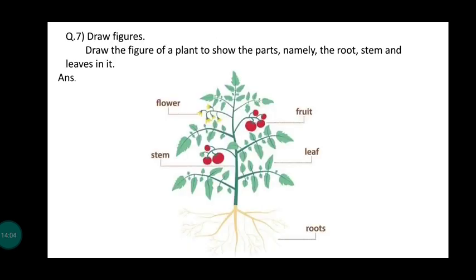And the last question, draw figures. Draw the figure of a plant to show the parts, namely the root, stem, and leaves in it.